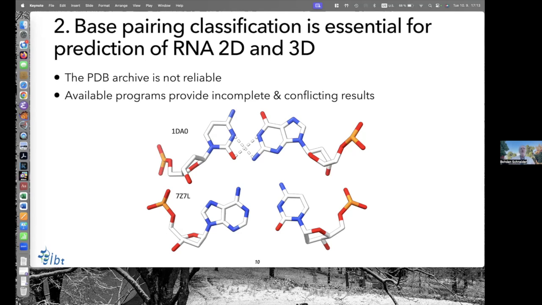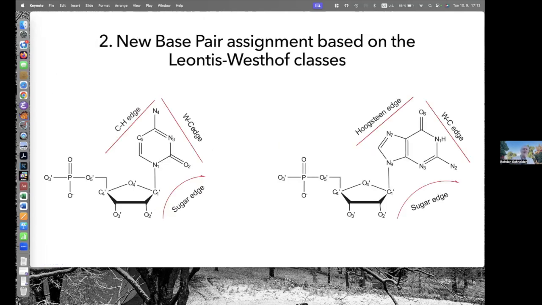Unfortunately, we discovered that the archive is not very reliable, so we started to develop our new independent base pair assignment. It's based on the Leontis-Westhof classification of these three edges: Watson-Crick edge, CH, or in the case of purines, the Hoogsteen edge, and then the sugar edge that can involve O2' in some hydrogen bonding.